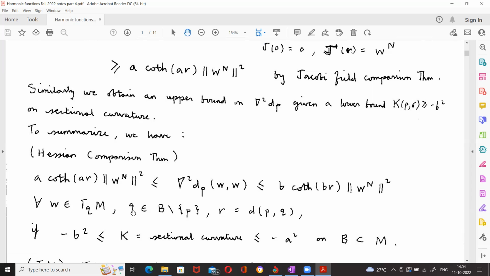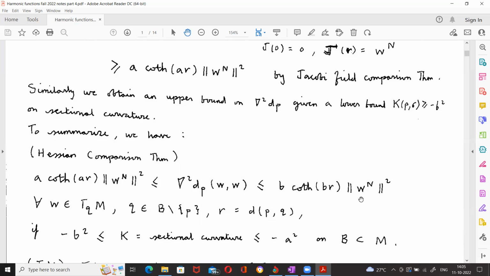Then you have a unique geodesic from P to Q, and the normal component means the component of this tangent vector which is normal to the geodesic passing through Q, starting from P.